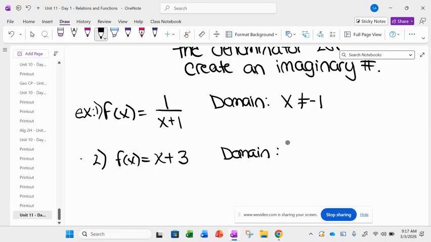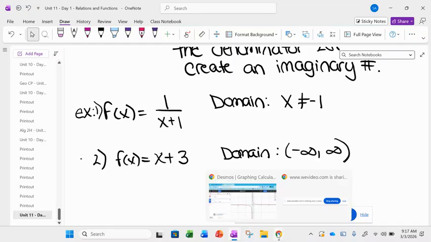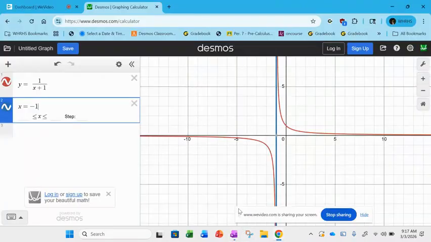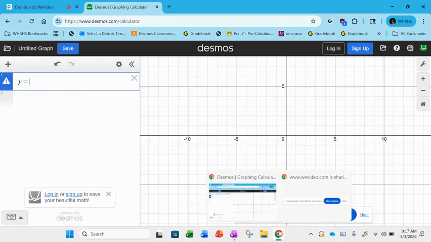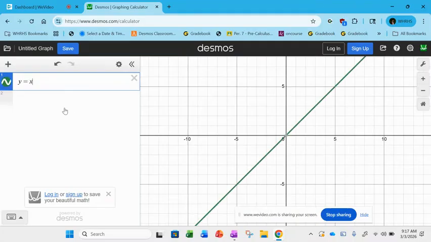And how do we represent all real numbers? The infinities. So let's go here and see. What did I write down? X plus 3, okay.